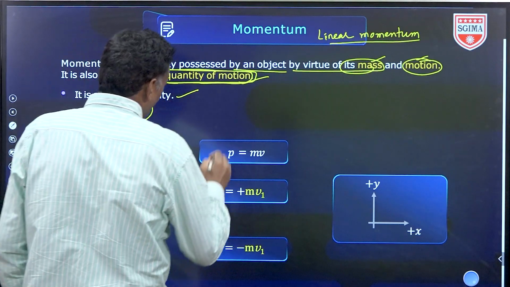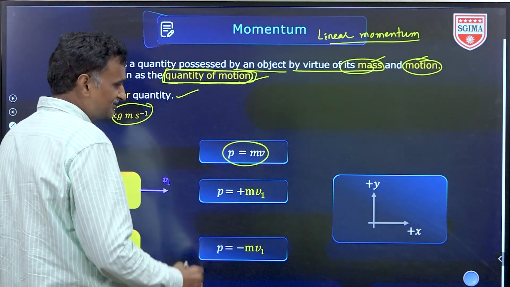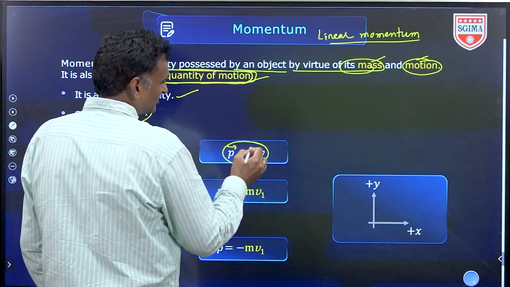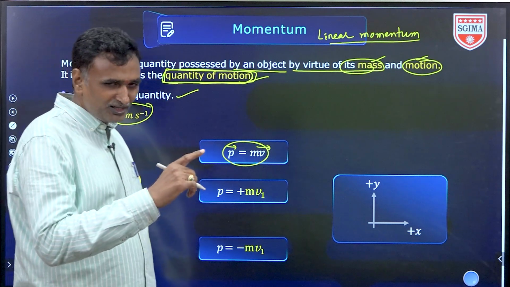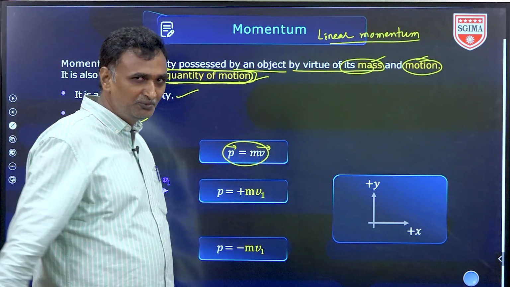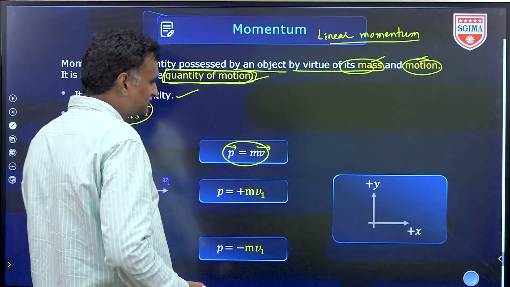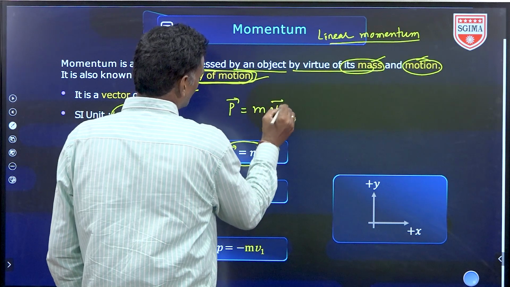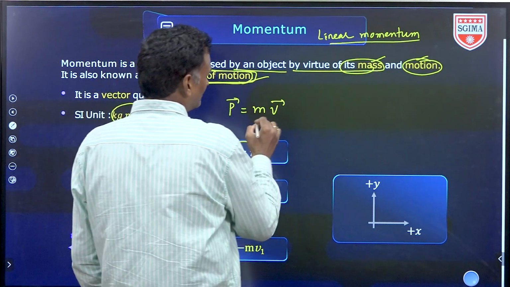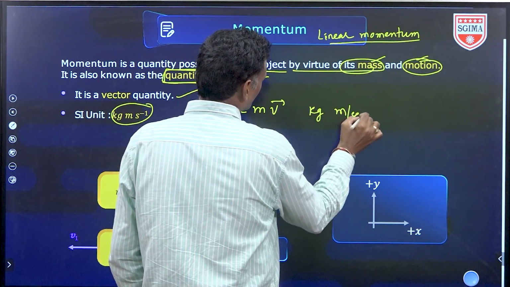Why? Because its equation is generally P equals mv. Momentum is indicated by P vector, and mass is scalar and velocity is vector. So the product of a scalar and a vector is also a vector, and that is why momentum is a vector. So P equals m into v, where the unit of m is kg and the unit of velocity is meter per second.